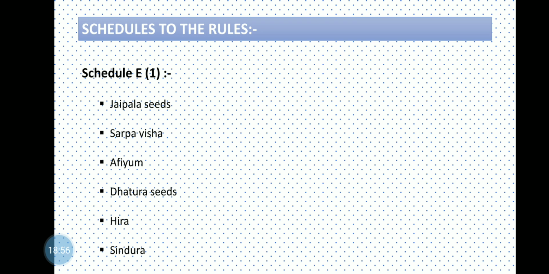Which substance is to be called a poison in the Ayurvedic, Siddha and Unani systems of medicine, that list is specified in your Schedule E1. For example, Zaifal seeds, Sarpavish, Afim, Dhatura seeds, Hira, that is your diamond, Sindur, etc. Sindur is prepared from lead oxide. Therefore, it is a poison under your Ayurvedic, Siddha and Unani systems of medicine. That is about your Schedule E1.